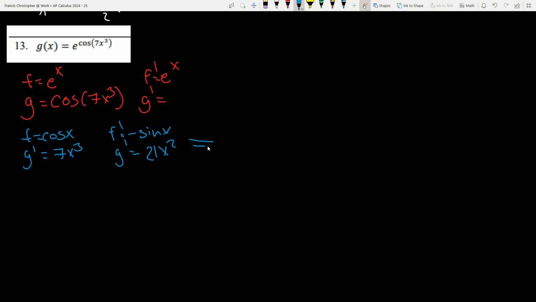So using chain rule, putting g into f, I get negative sine 7x cubed times 21x squared. So if we fill in our table, we get negative 21 sine of 7x cubed. I forgot the x squared.